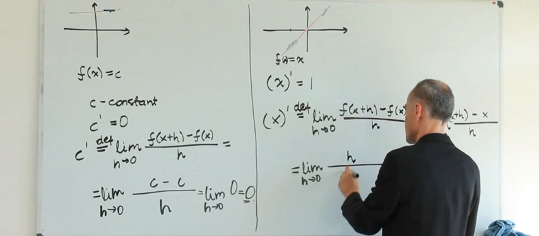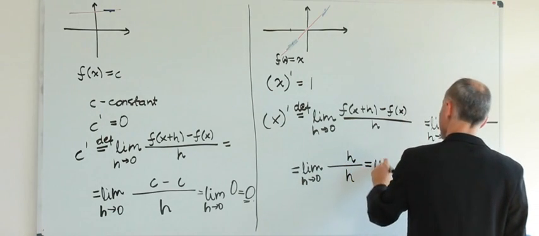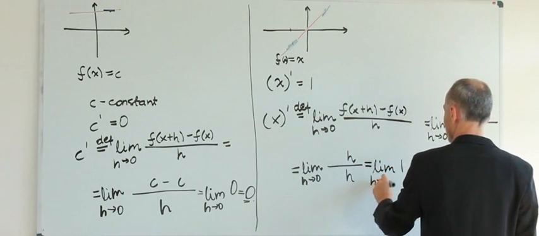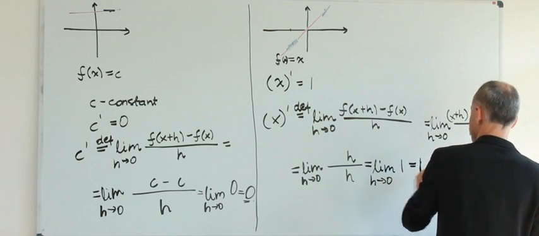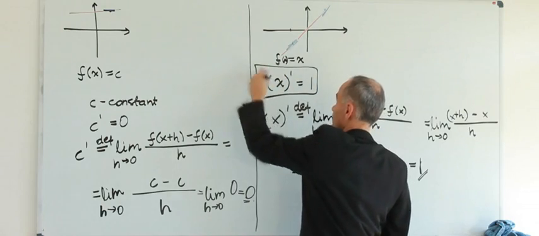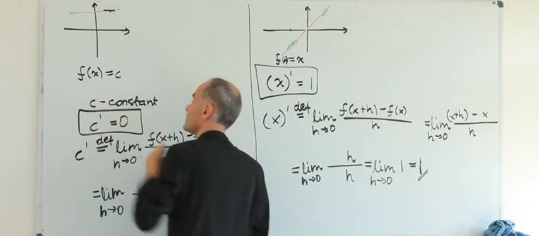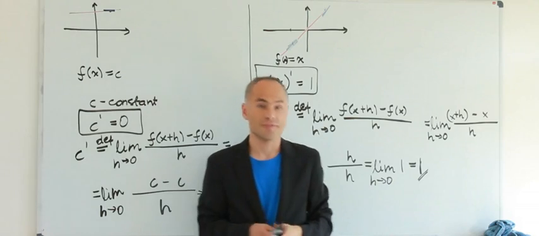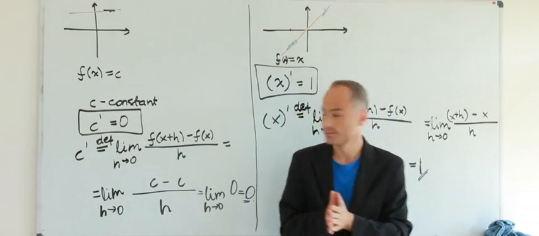So we get h divided by h, which is 1. So we have the limit of 1. And you know that the limit of any constant is that constant. So we just proved that the derivative of the identity function is 1. And in the beginning, we proved that the derivative of any constant is 0.